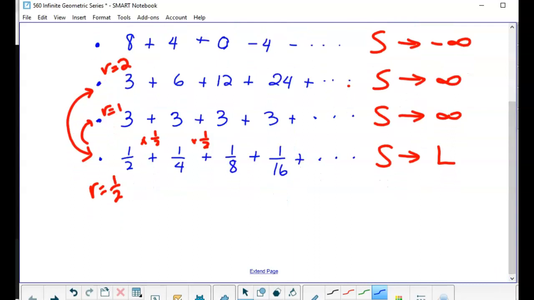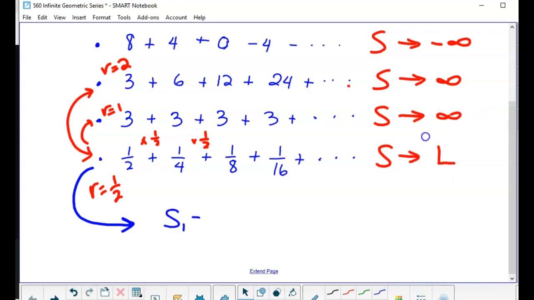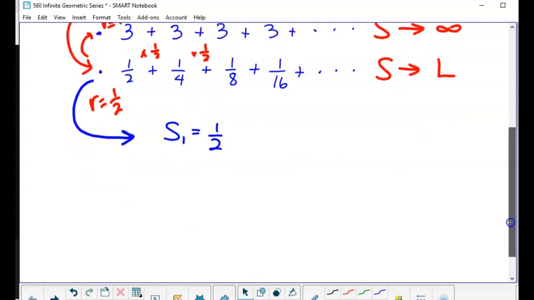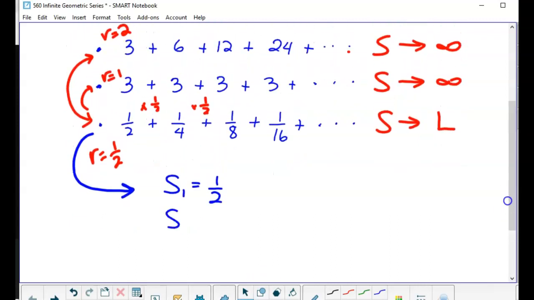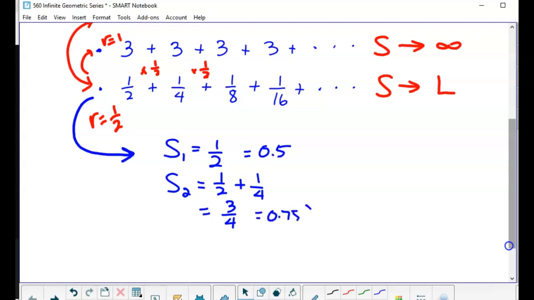So for that particular series, if we find now, so this one here, S1, remember, is 1/2. Okay, it's the same as the first term. S2 is 1/2 plus 1/4, which is 3/4. Okay, which is, so as a decimal, 0.5, this is 0.75.